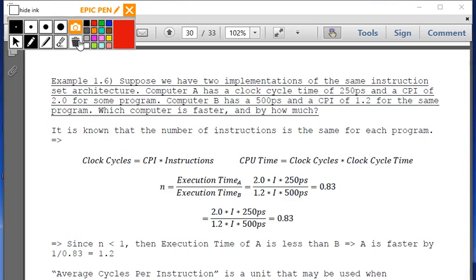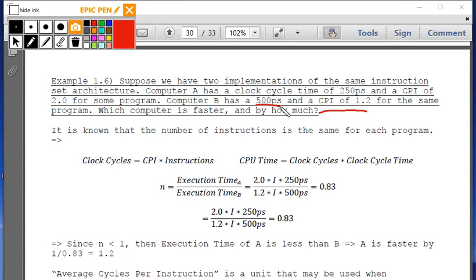So here we know the clock cycle time. We know the cycles per instruction for some program; we've gone through this average CPI and come up with some sort of rubric, 2.0. We have another one for 1.2 at 500 picoseconds, which runs faster. So even though it takes fewer cycles per instruction on this machine, because its clock cycle time is more, A is going to run faster.